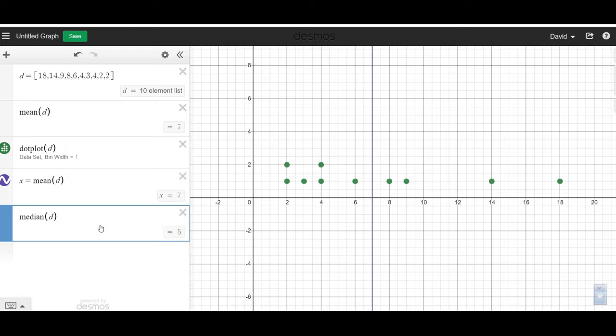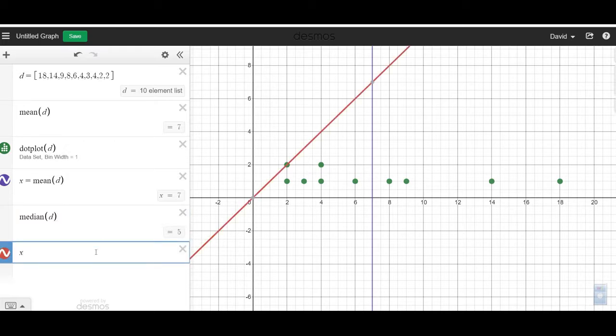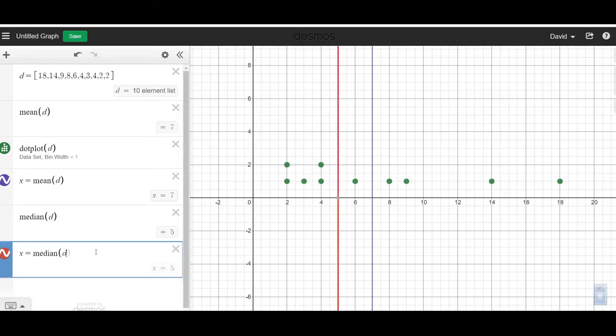What happens? We get 5. x equals the median of D, and that would confirm that it is skewed to the right, right? Because these points pull the mean over, but the median is here. So it is not normally distributed. It is not symmetric. It is skewed to the right.